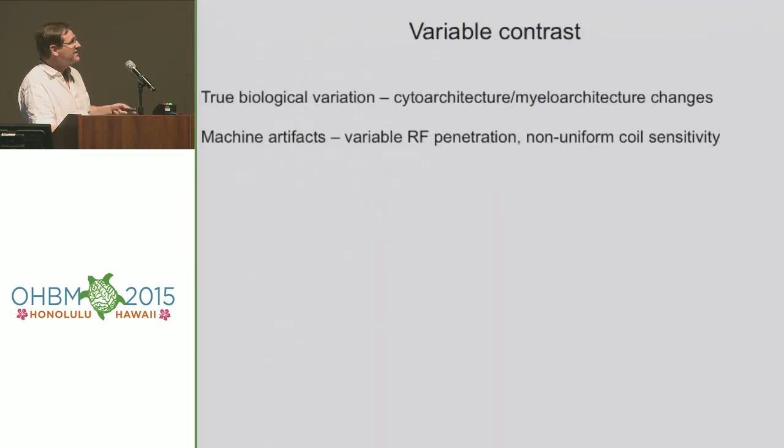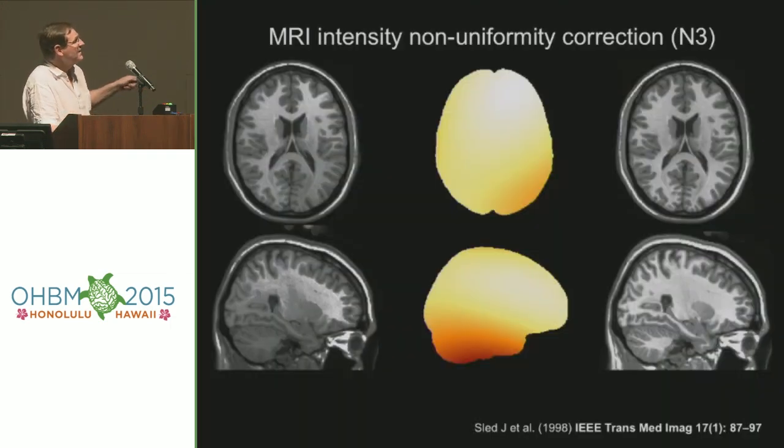Contrast. This is a permanent problem for cortical thickness analysis. You have real biological variation due to cytoarchitecture and myeloarchitectural changes, but you also have machine artifacts due to variable RF penetration and non-uniform coil sensitivity. All these give rise to changes in intensity.